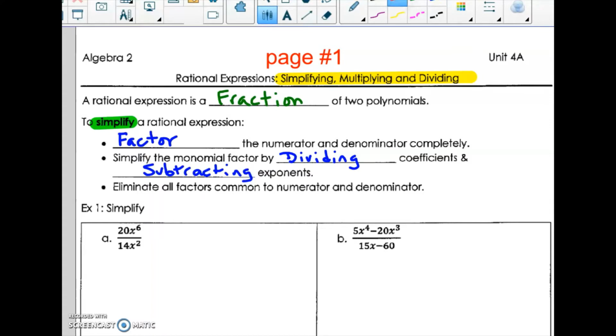Just to point this out, we are eliminating factors, not terms. So we have to be careful with that.